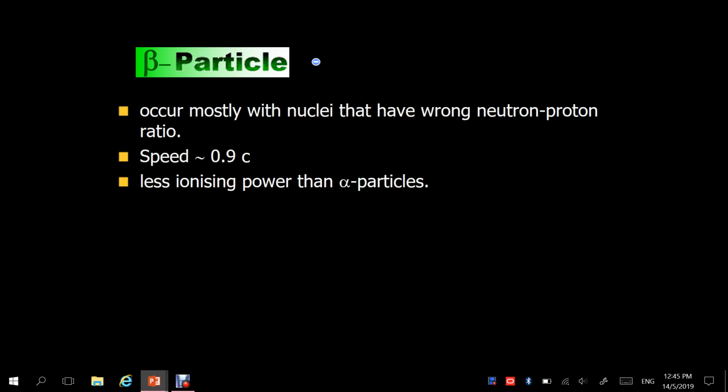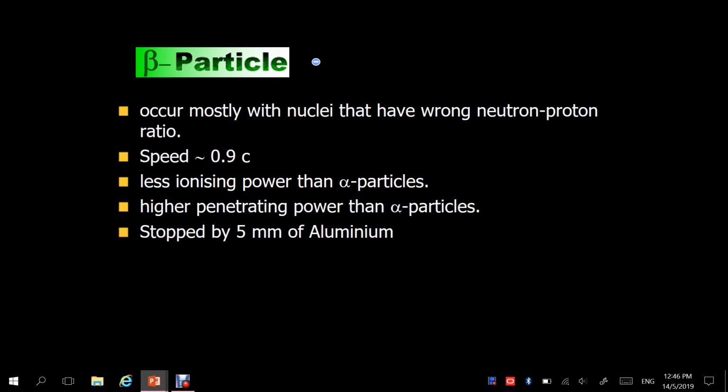So it interacts less with the surrounding particles and causes less ionization. As a result, it does not lose much energy and therefore it has a higher penetrating power than alpha particles. It can pass through paper, but it can be stopped by 5 mm thick of aluminum. The range in air is about 5 meters.